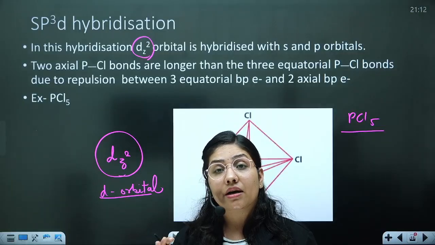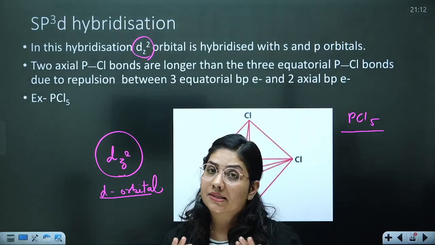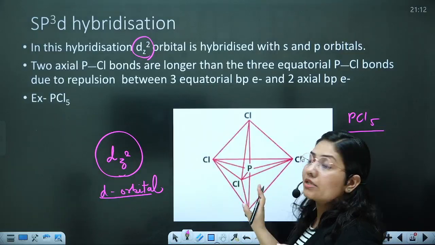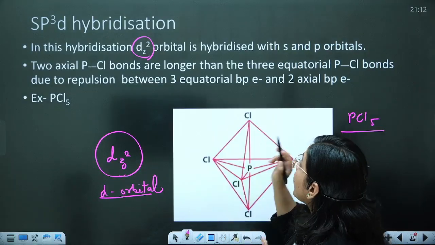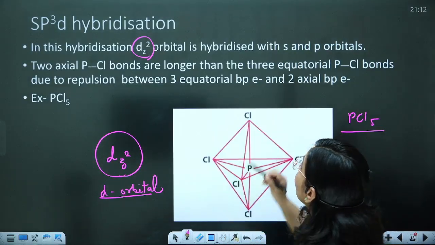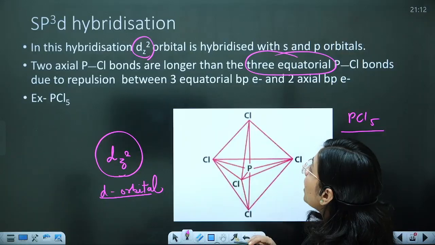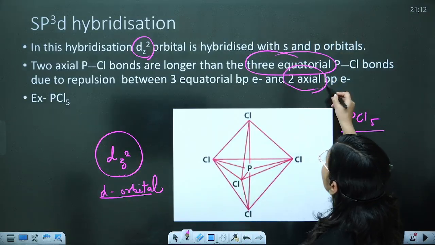It attains the stable geometry, okay, the minimum repulsion state. So for that, here two types of bonds are present: axial bonds and equatorial bonds. There are 3 equatorial bonds and there are 2 axial bonds.